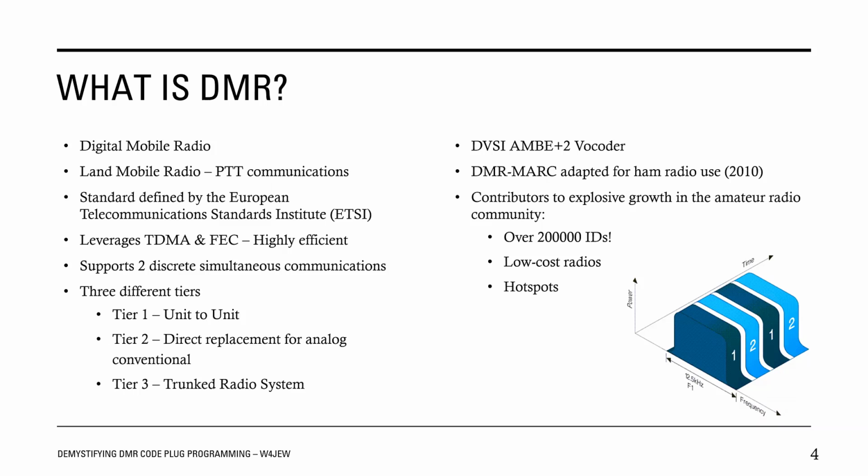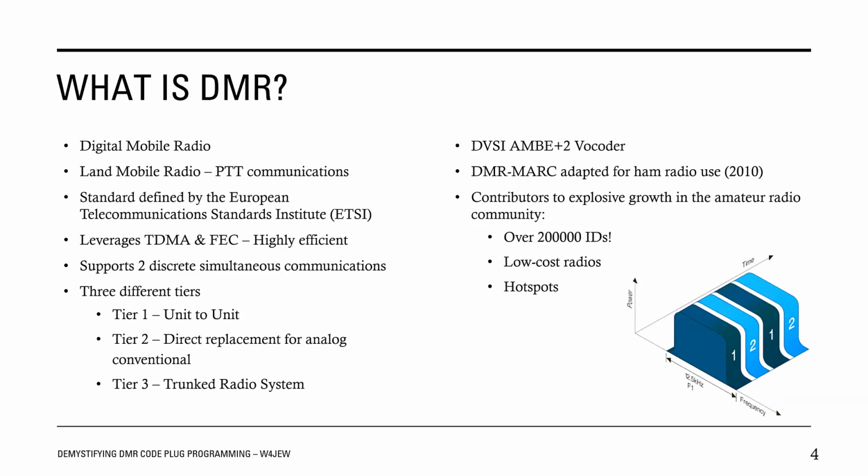The idea is that you can have two different people communicating at the same time, say one voice channel and one data channel simultaneously. Are they really transmitting simultaneously? No. They're chopped up into 30 millisecond time slices, but the reassembly is so quick that the human ear can't tell the difference.